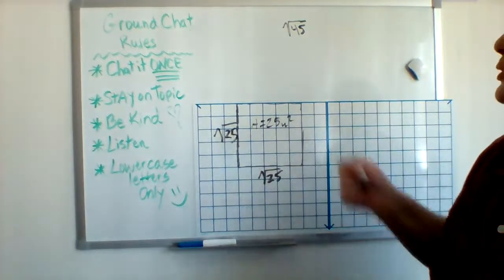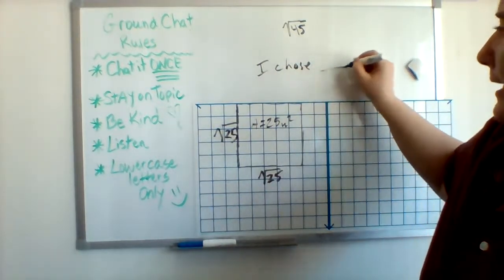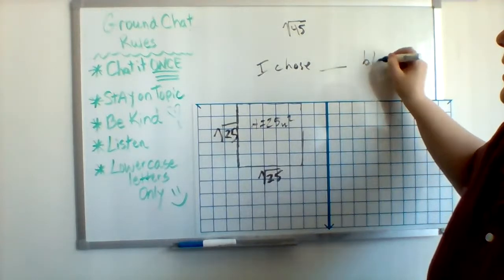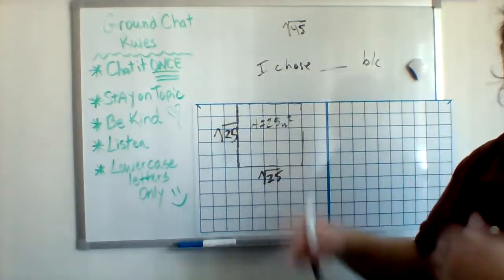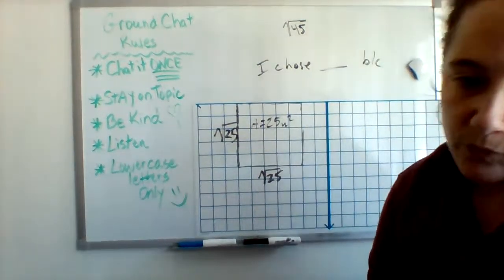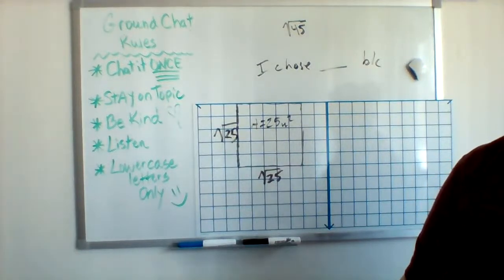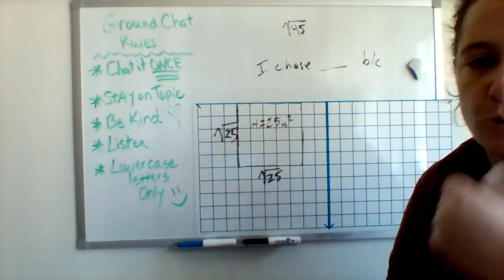Like, for example, you could say, I chose, and then whatever number you chose, because, and then tell me what led you to that number, okay? Because I need to make sure that you're not using a calculator for that. I want to hear your thought process why you picked what you picked.